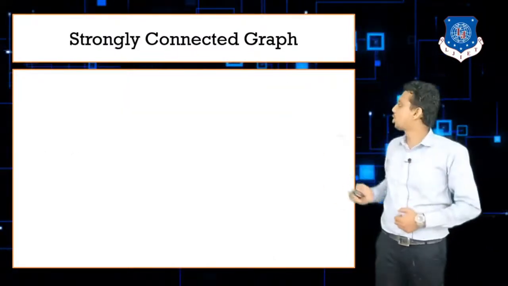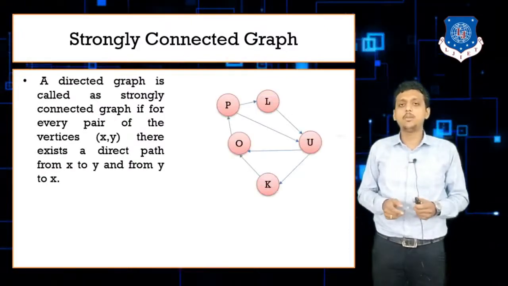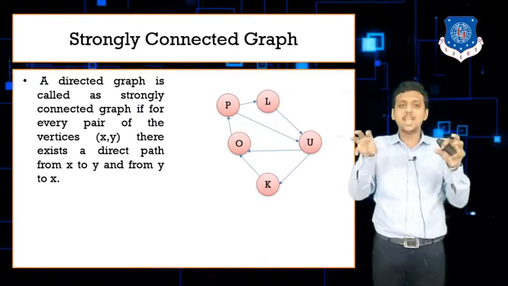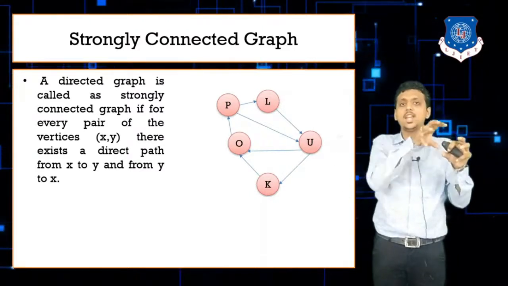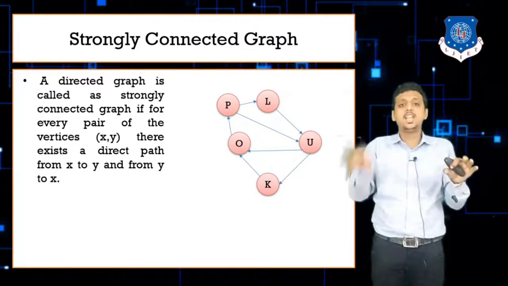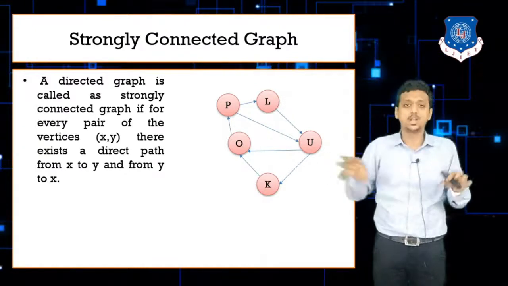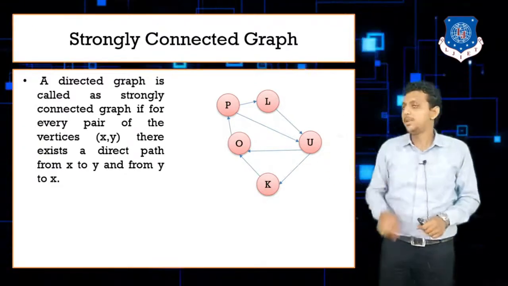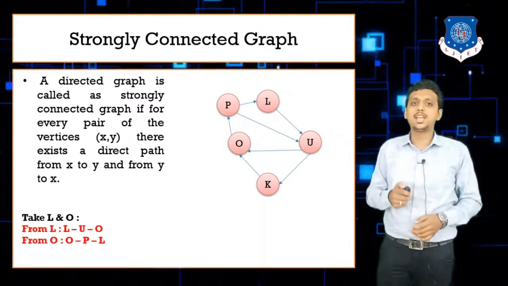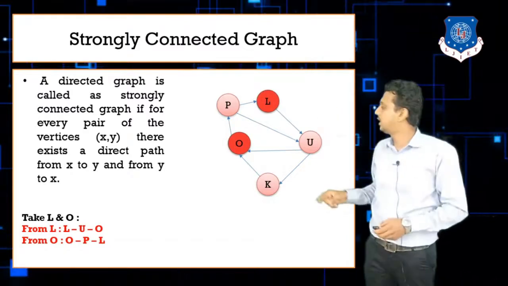Now, strongly connected graph. Students, if I'm talking about two nodes X and Y, then a path must exist from X to Y and Y to X. If I'm talking about two nodes like L and O, just check it in the figure.